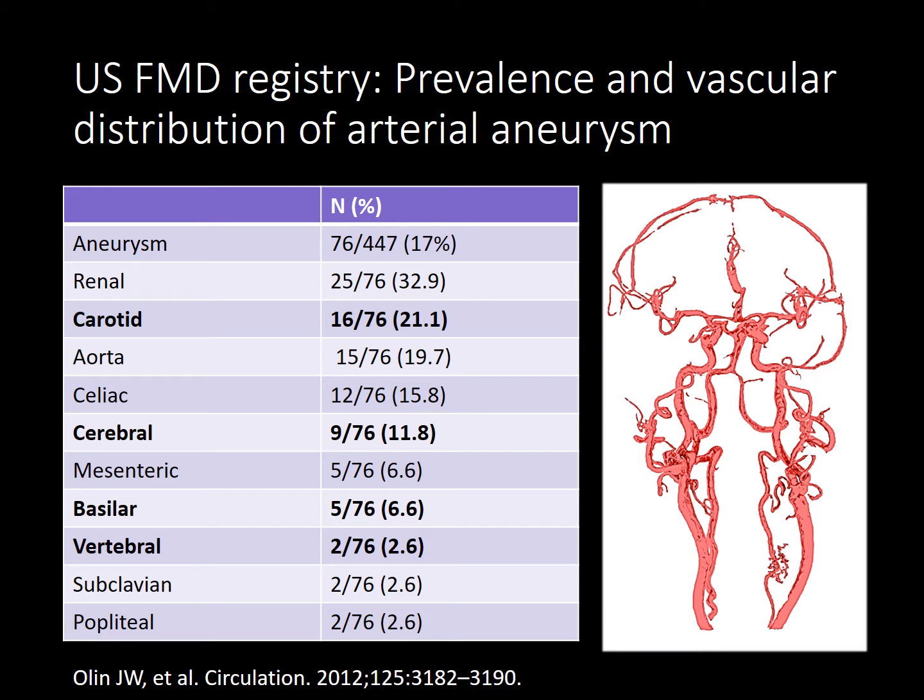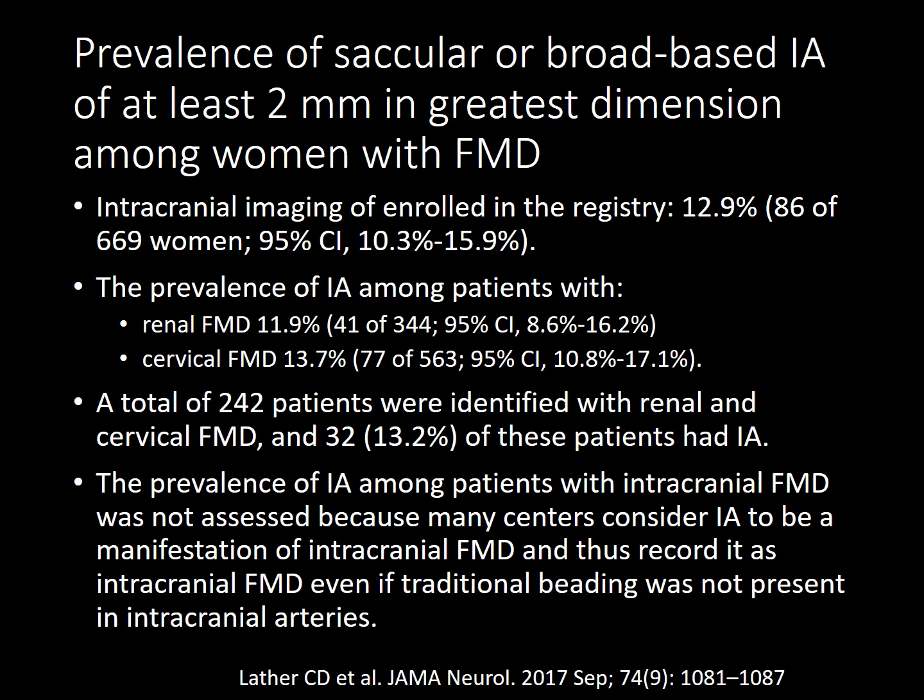If we look at the prevalence and vascular distribution of arterial aneurysm, we see that besides the renal arteries, the neurological localization of the aneurysm is quite frequent, and it goes up to 1/4 of all the patients.